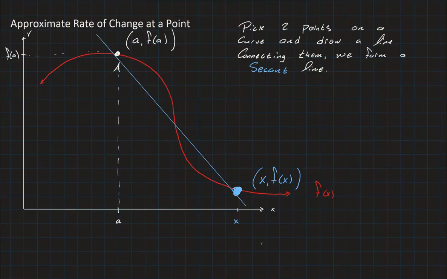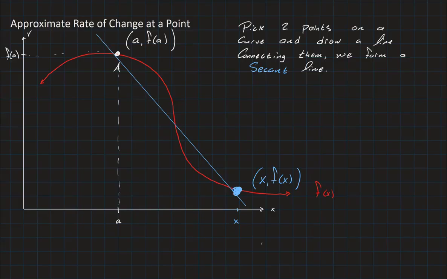It turns out if I pick any 2 points on a curve and I draw a line connecting them, we form something called a secant line. This is going to be important for us to remember, a secant line. Again, this is found by picking any 2 points on this red curve or on any curve that we want. If I have 2 points, then I have 2 sets of x and y values.